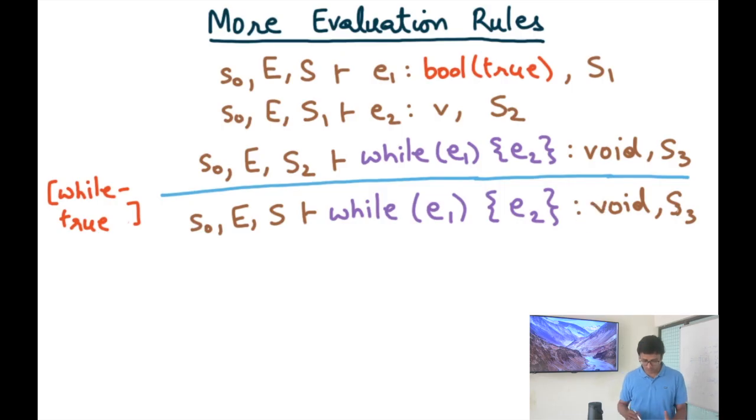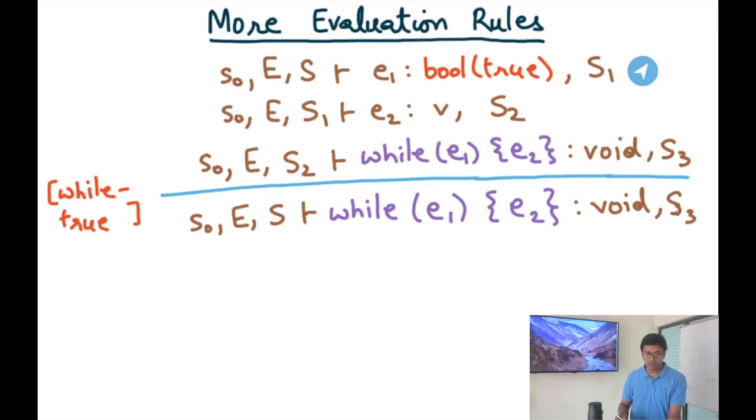Once again, recall that when we defined this evaluation judgment, we said that you should read it as if it terminates. So if I were to read this again, I'll say if the evaluation of this while loop terminates, then under this context, it evaluates to void comma S3.